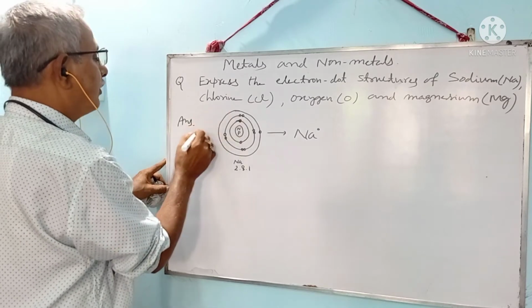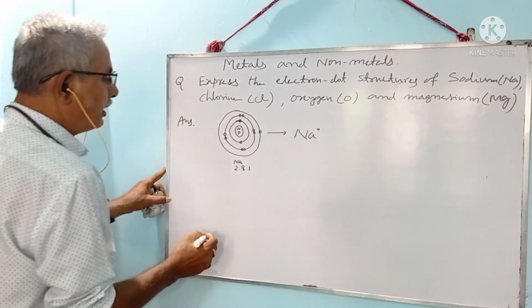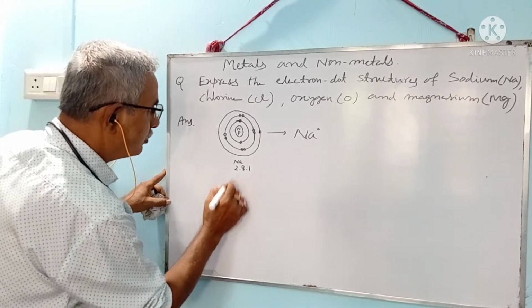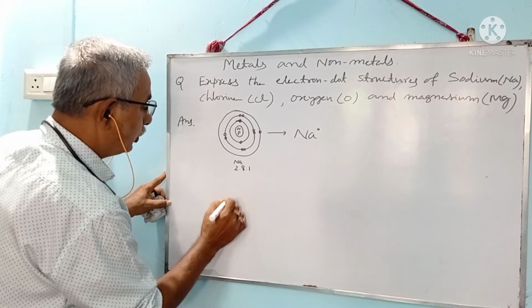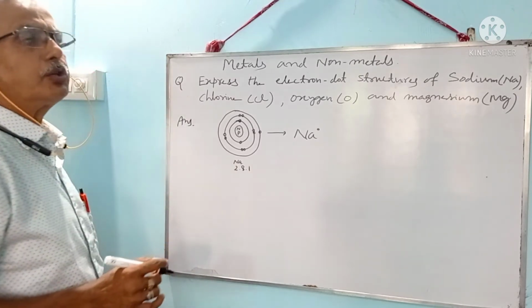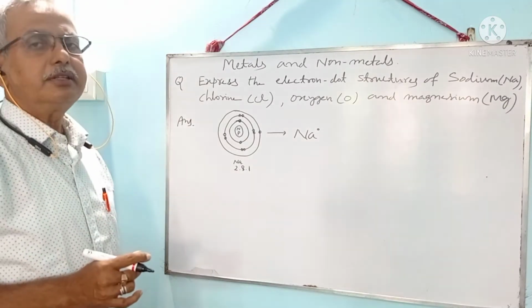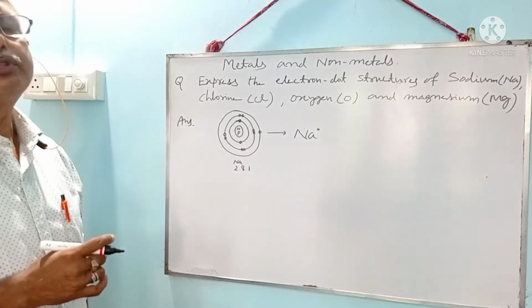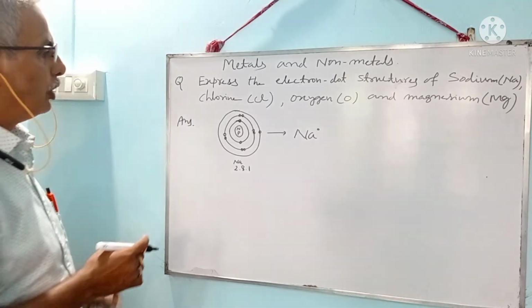This was the first one, and the second one you see is chlorine. How can you write the electron dot structure of chlorine? You see, chlorine has atomic number 17. That means you have to distribute the electrons in the different cells around the nucleus of chlorine.